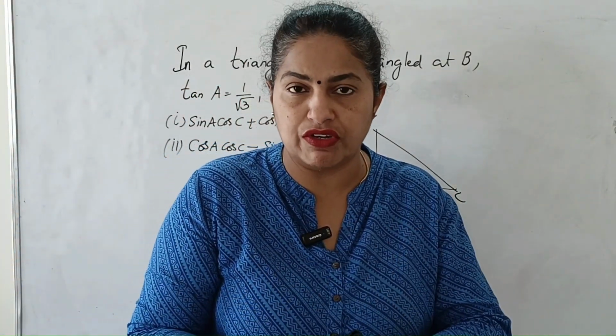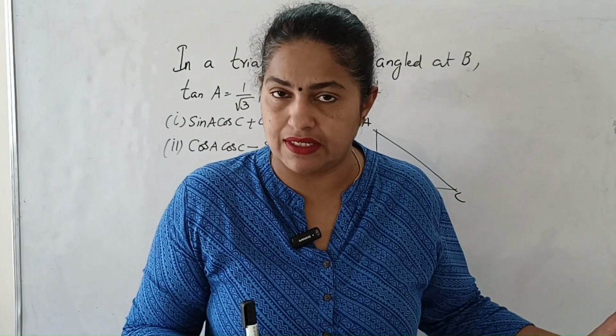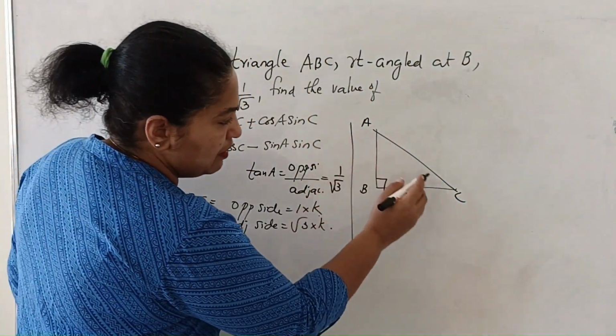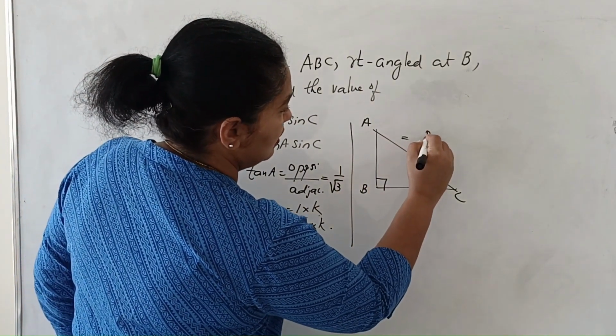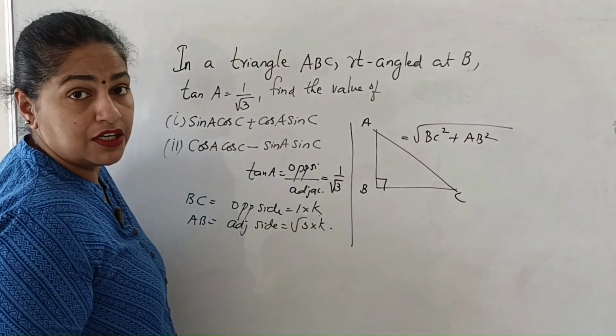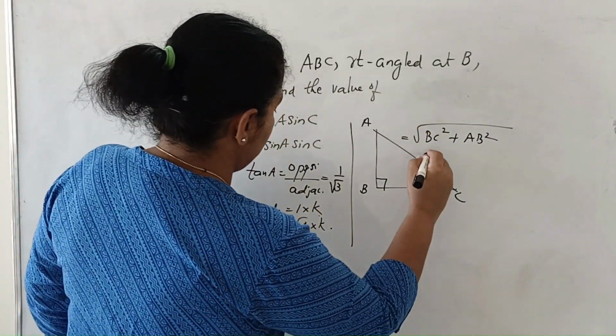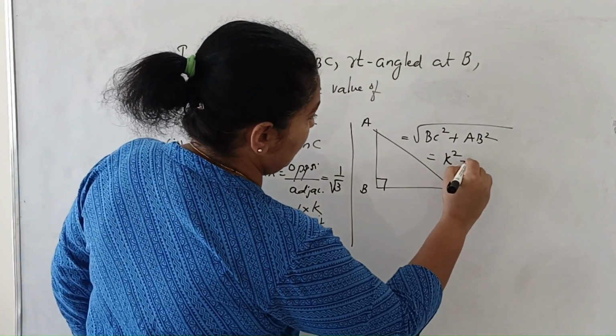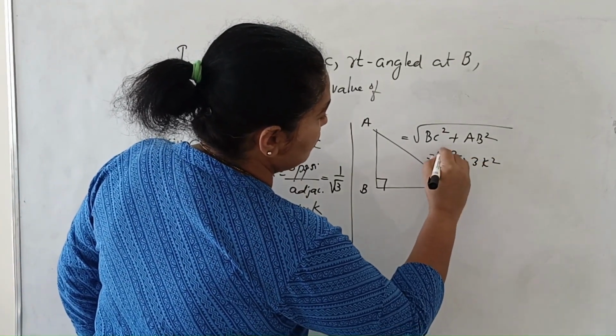I know the two sides of a triangle. I can find the third side because it's a right angle triangle by using the Pythagoras theorem, which will give me the value of AC is equal to under the root. What is the value of BC square? K square. What is the value of AB square? 3k square, root 3k the whole square.